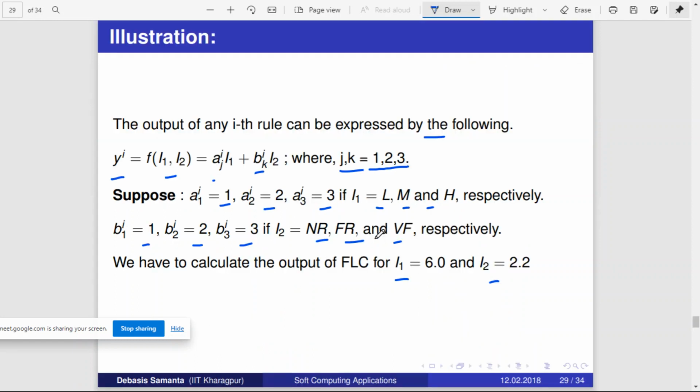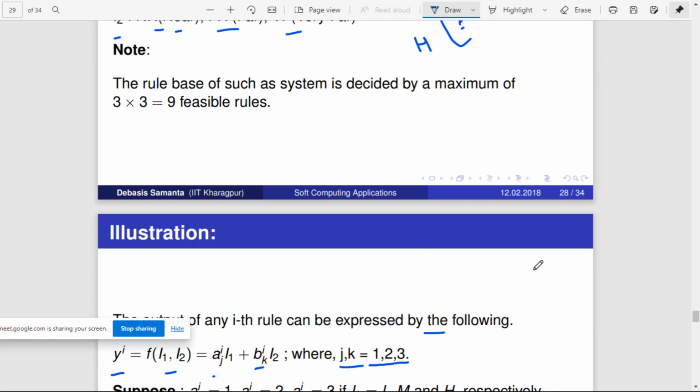Here you can see I1 is 6.0 and I2 is 2.2, right? See here, I'll write here: L, M, H, and near, far, very far.